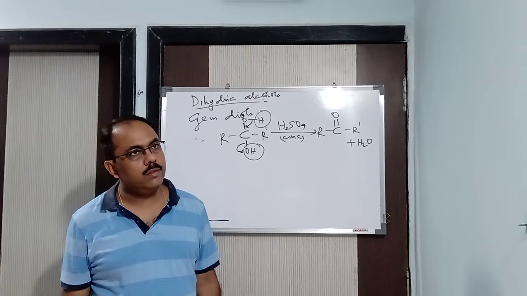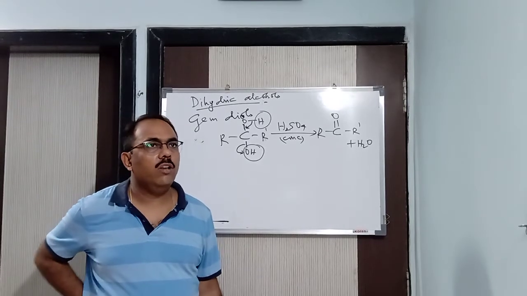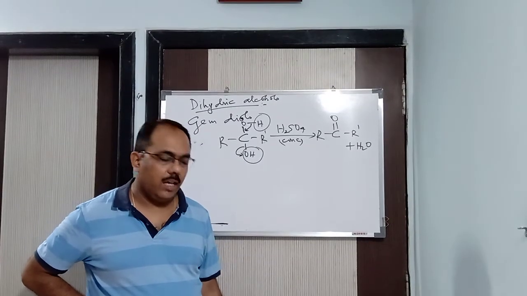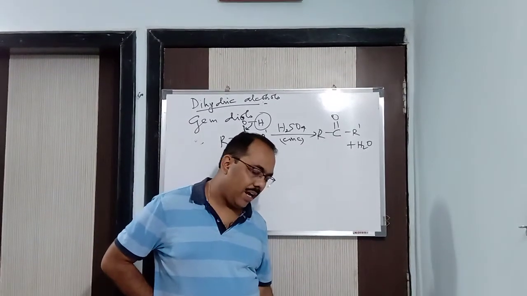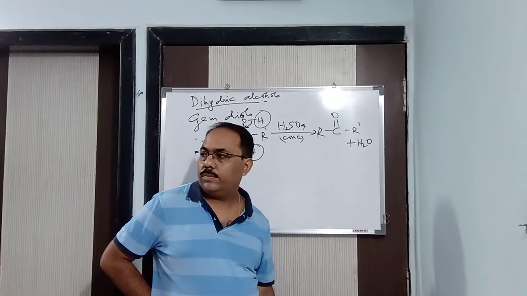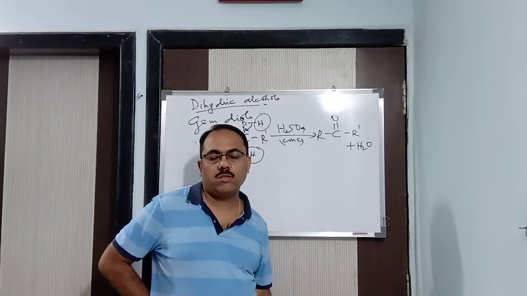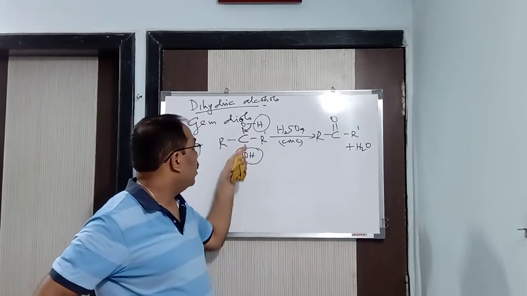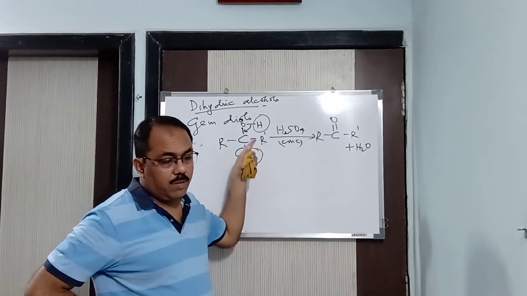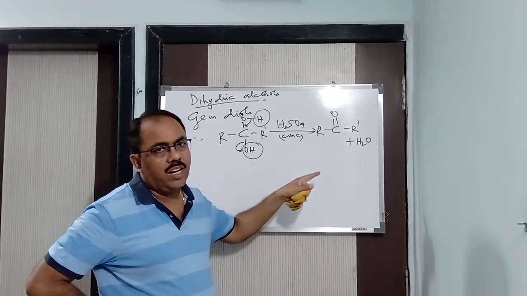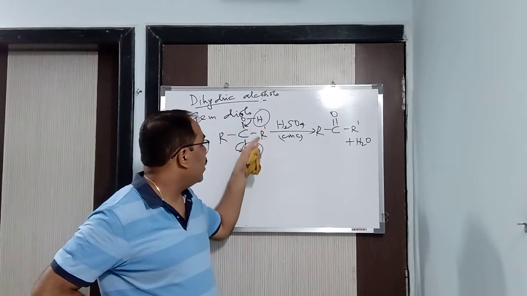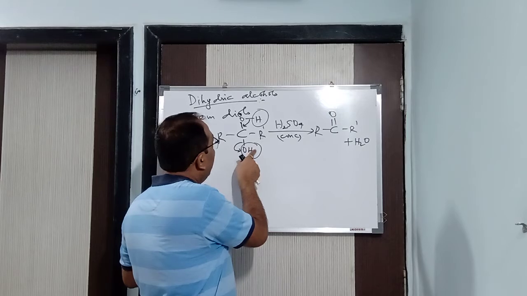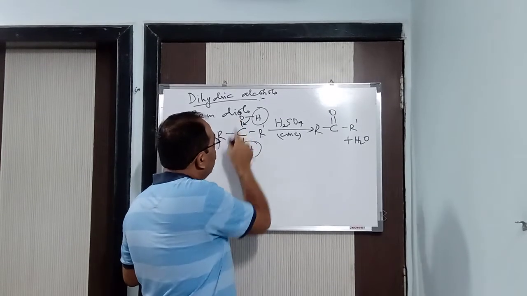Point number 1, intramolecular hydrogen bonding stabilizes gem diols. See, intramolecular, within the same molecule, you are having two OH groups. So if intramolecular hydrogen bonding is there, then definitely gem diols will be stable. Intramolecular means what you will find here: this H will have an intramolecular hydrogen bond with this oxygen.